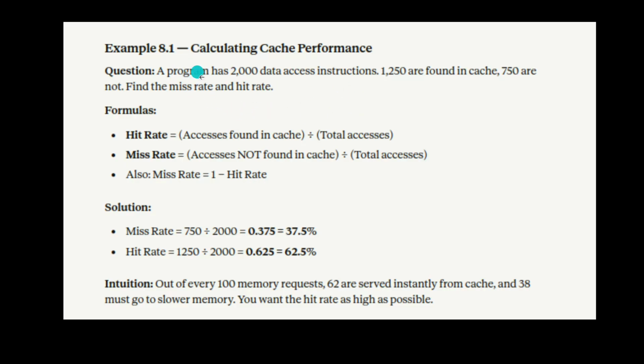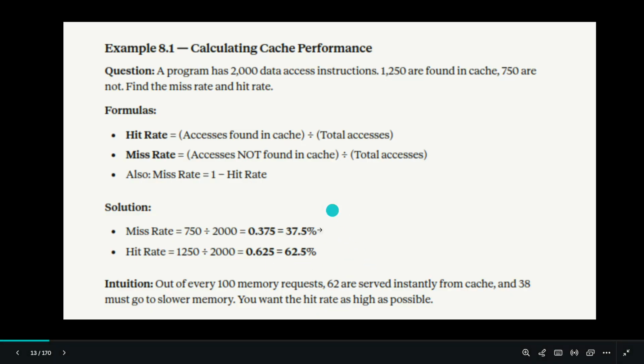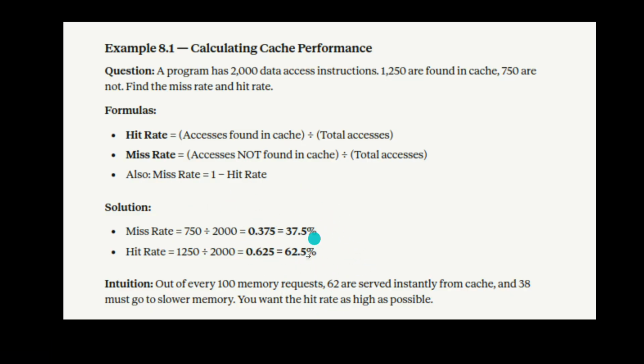So here it is said that a program has a total of 2000 data accesses, and 1250 are found in the cache. So hit rate would be 1250 divided by 2000. And miss rate, for those not found in the cache, would be 750 divided by 2000. If you multiply this by 100, you can get it in percentage form.